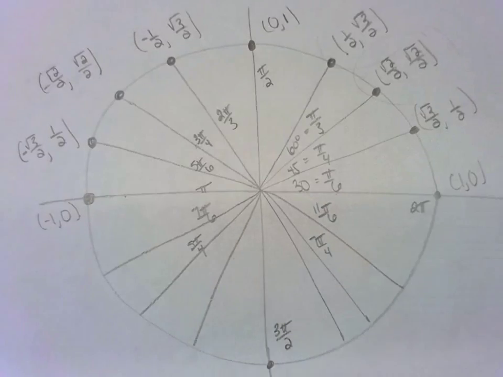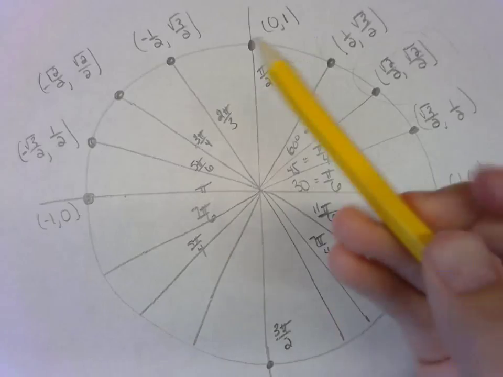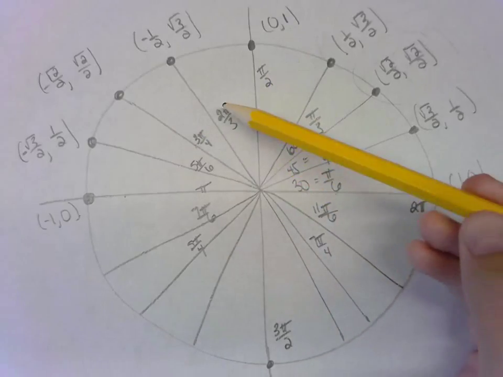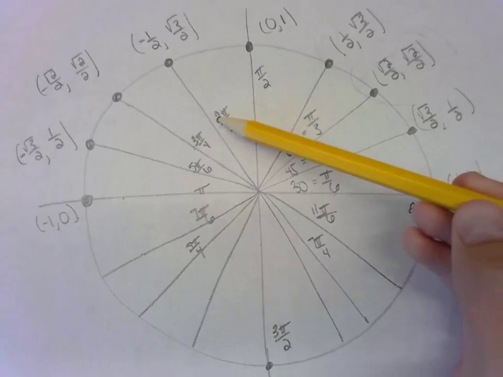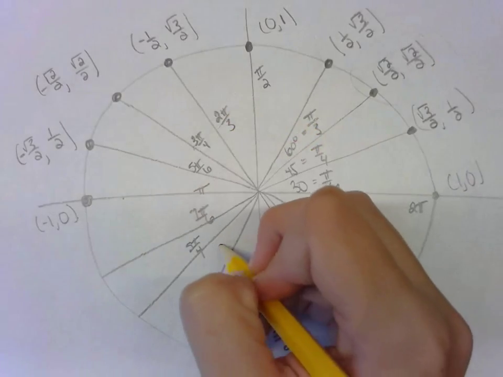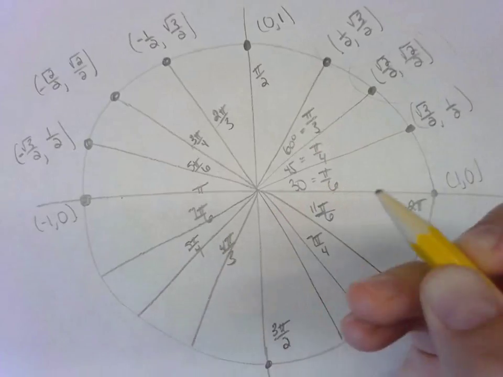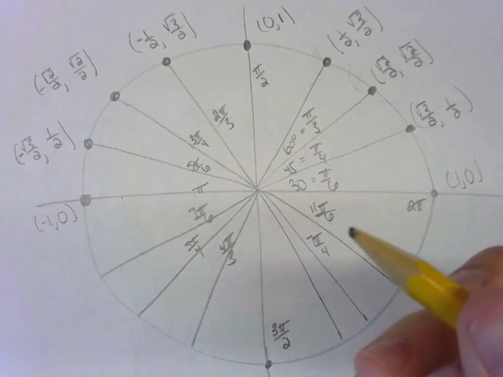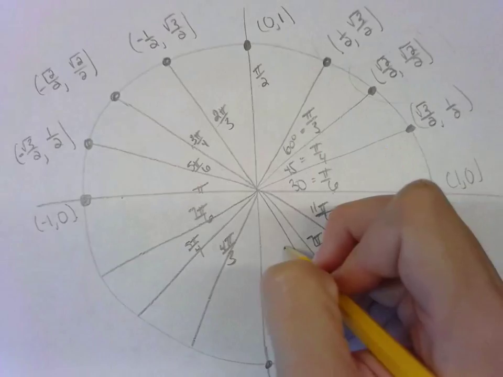If you want to look back at your radians, go back to part 3 and look over this again. For the over 3s, we have 2 over 3, 3 over 3. So this would be 4 pi over 3. And then 5 pi over 3 would be the last one.